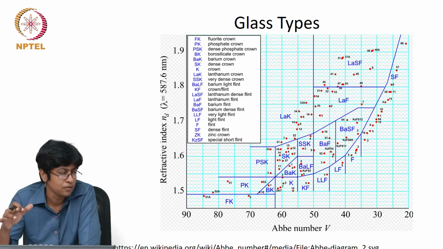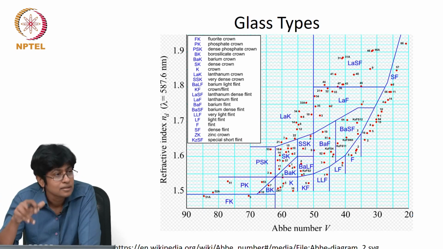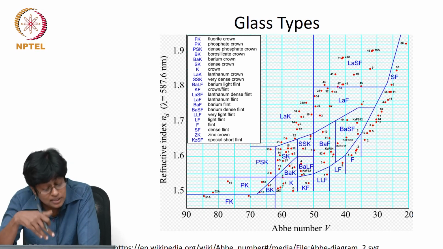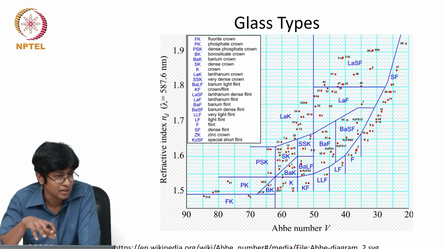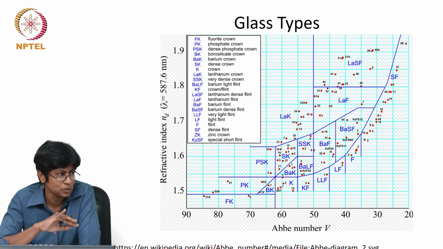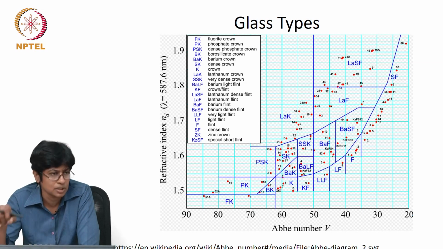Let's say you do all of that, you still want the glass to be transmissive and not absorbing light. So you have to look at, do these glasses absorb? Right? So all of those will be parameters you will take into account when you're actually choosing a glass type.